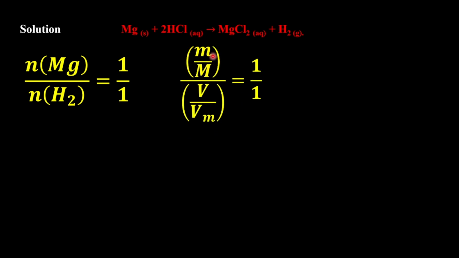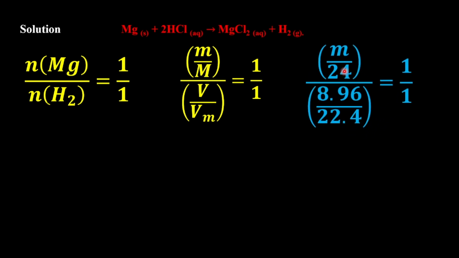We are to calculate the mass of Mg, and down here we're given the volume of hydrogen gas. So down here we'll be using V over Vm is equal to 1/1. We can now insert the figures for us to determine the mass. So we have volume given, we know the molar volume, then molar mass of Mg is also given in the question. So let's see how we can do that.